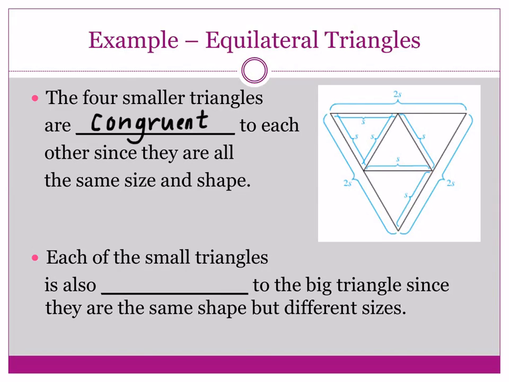But each of the small triangles is also similar to the big triangle because they're the same shape but different sizes. So imagine taking this triangle right here and blowing it up, expanding it. You take it to the copier and you tell it to enlarge it. Okay, that's what we're doing.